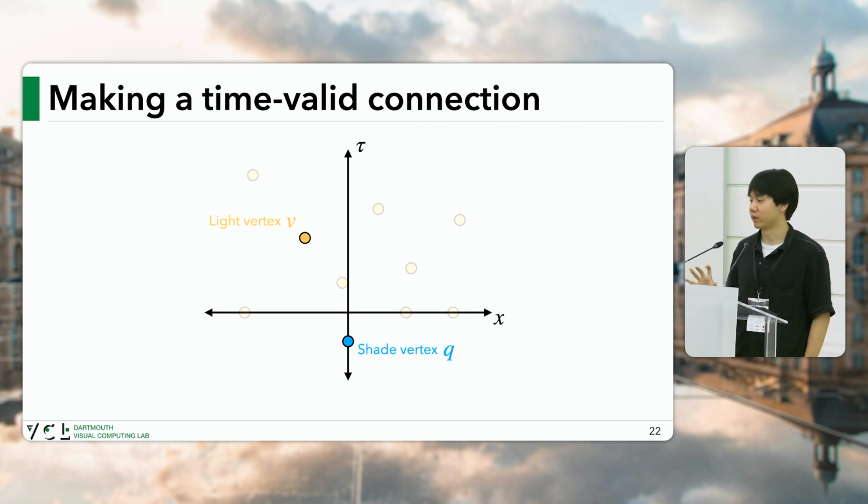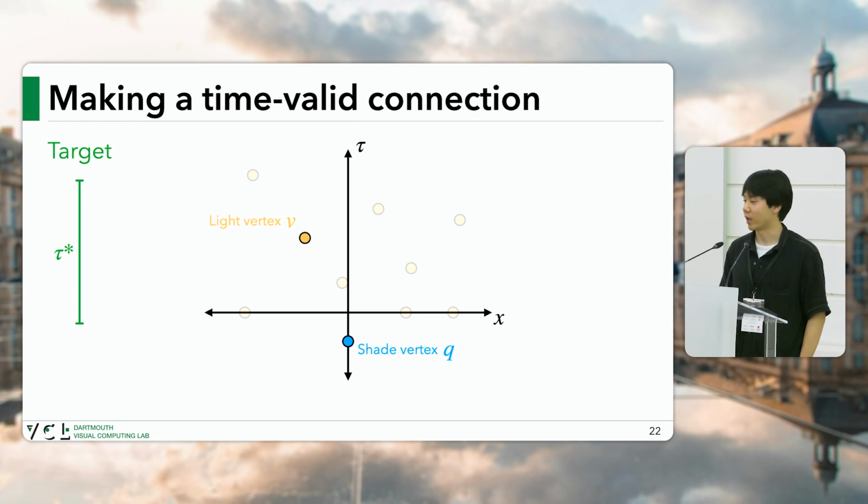So if we store all these light vertices, and we fix one shade point, and start with this single target length, this tau star, connecting a vertex v to q as one segment to the path, the resulting path length is a vertex's accumulated time plus the connection distance plus the shade point's travel time. This connection is valid only if this sum matches the target time.